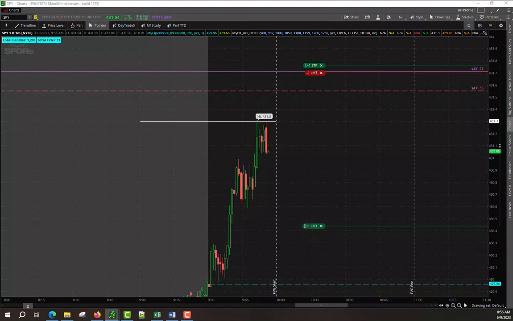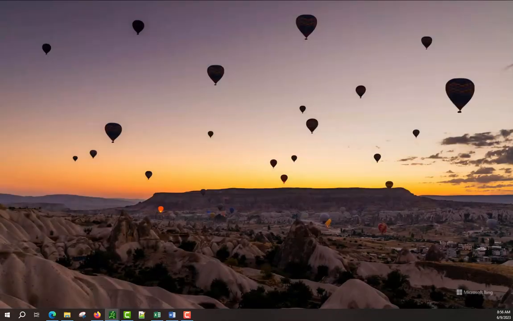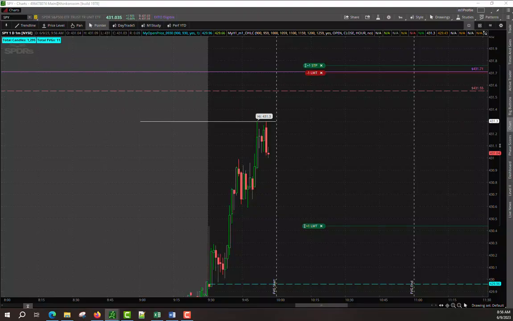Now it's 9:56, so it's almost 30 minutes into the first hour of trading, right? And let's look at the hourly charts. So, hourly chart right here.